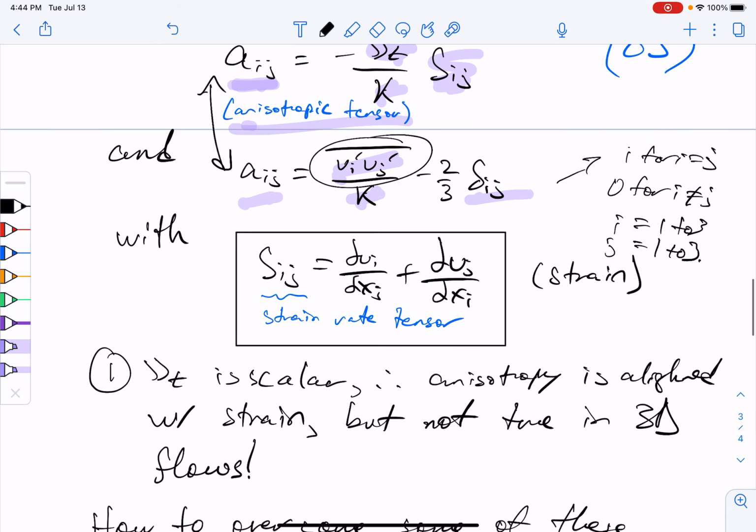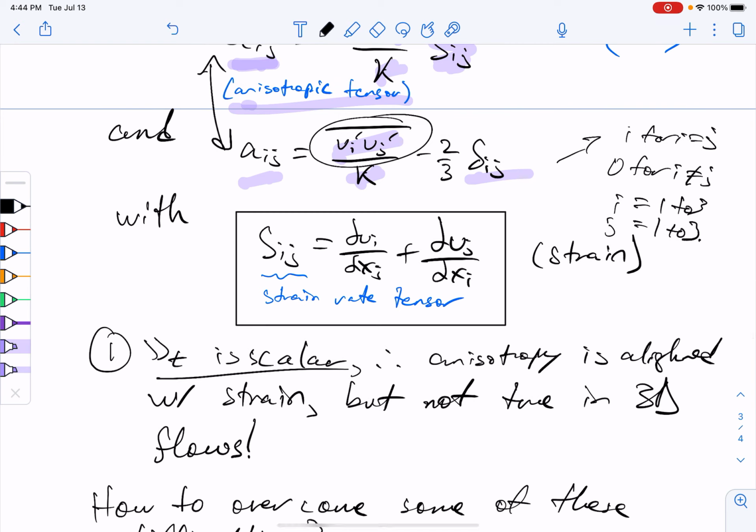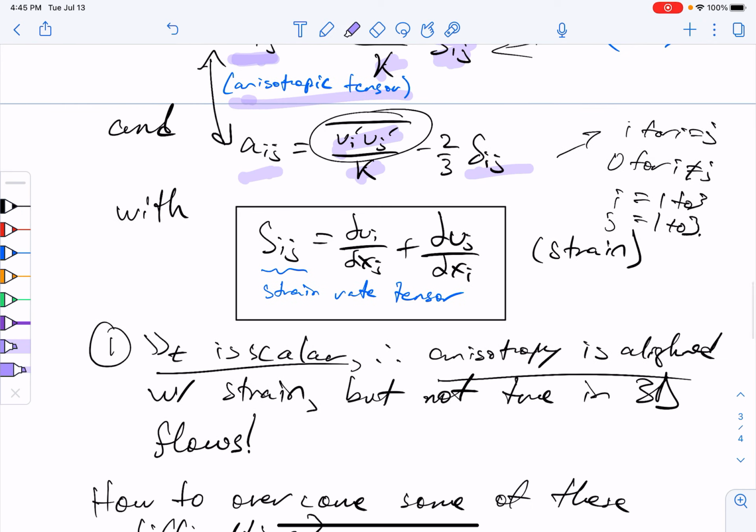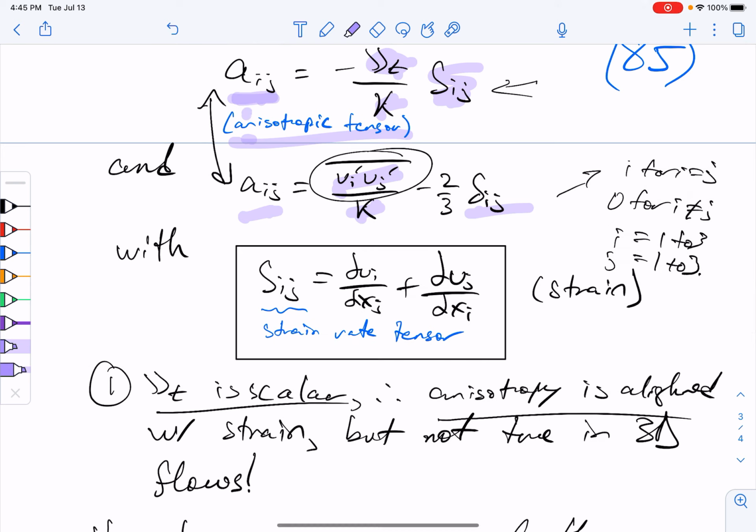So what do we really have? You'll note that nu t is, by definition of the eddy viscosity models, a positive scalar coefficient, which is typically added to the normal viscosity to make an effective viscosity. And the anisotropy in this top model here will absolutely be aligned with the strain. There's no other way to do it. So a_ij is going as some scalar, minus nu t over k, a scalar times the strain, S_ij.